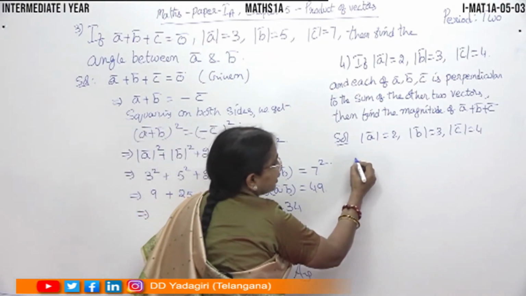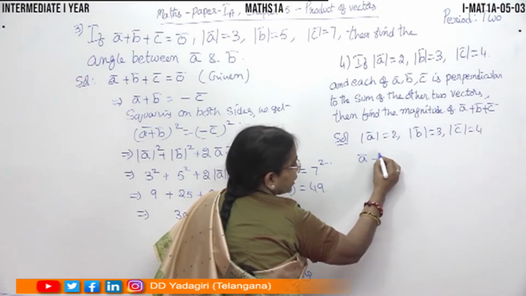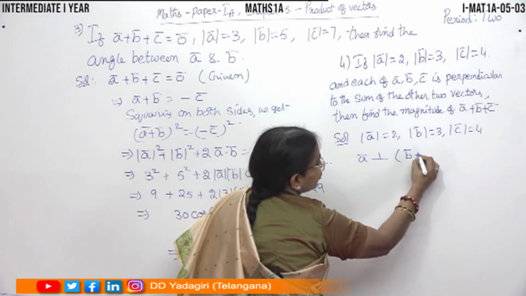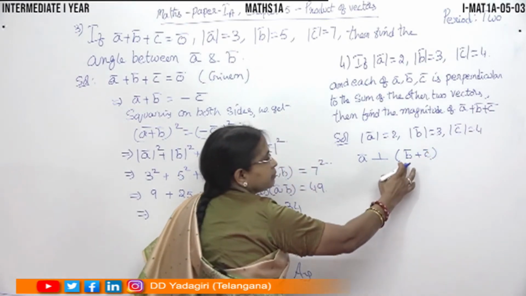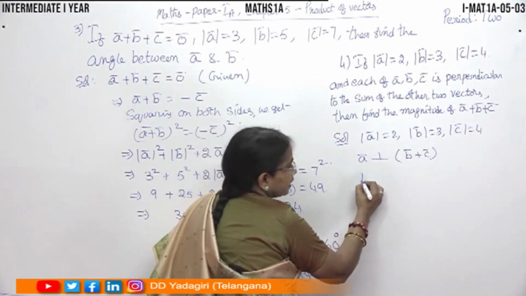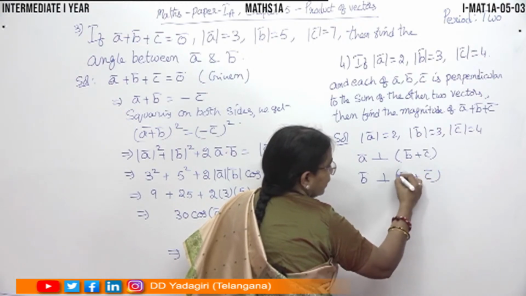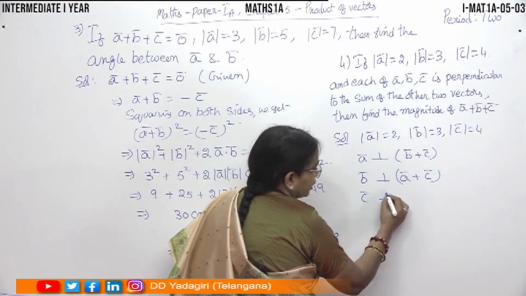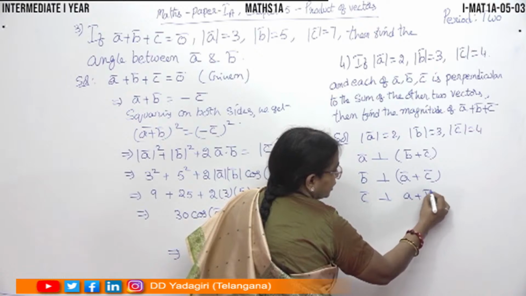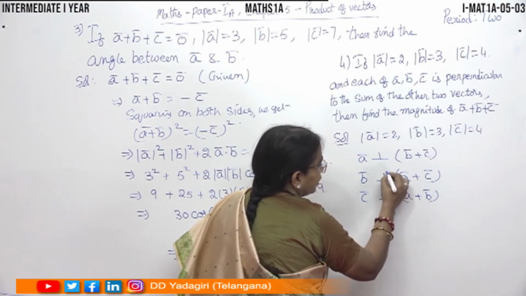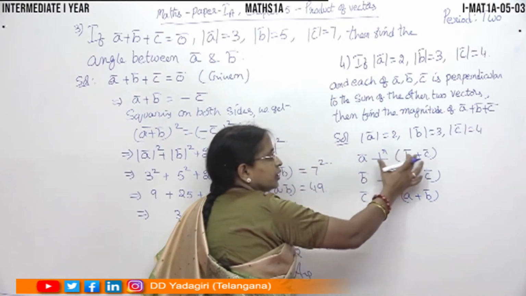That means A is perpendicular to B plus C, and similarly, B is perpendicular to A plus C, and C is perpendicular to A plus B.